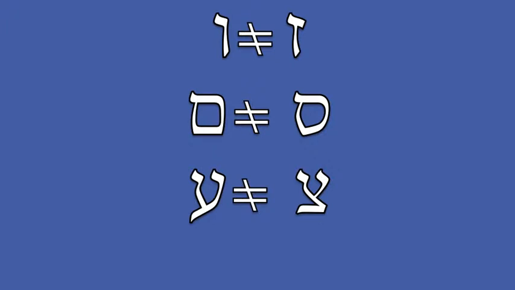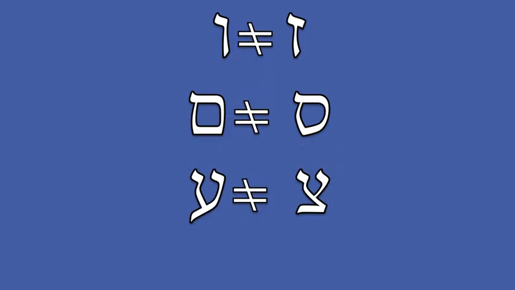In the near look-alike department, we need to distinguish the newly learned Z from the V-like consonant learned earlier. And we must distinguish the newly learned S from the final form of the M character.